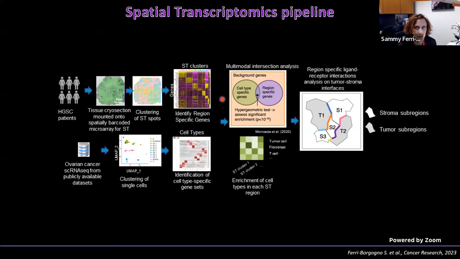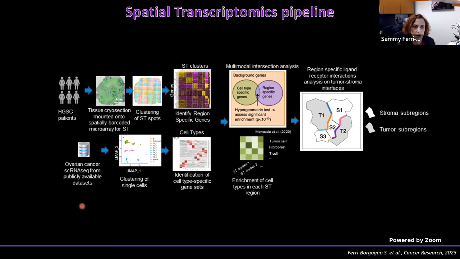So to go a little bit more into detail, in this case, we utilized fresh frozen high-grade serous ovarian cancer patient samples, and we performed spatial transcriptomics utilizing 10x Genomics sequencing chips. And after a preliminary analysis, we identified the clusters and region-specific gene sets.